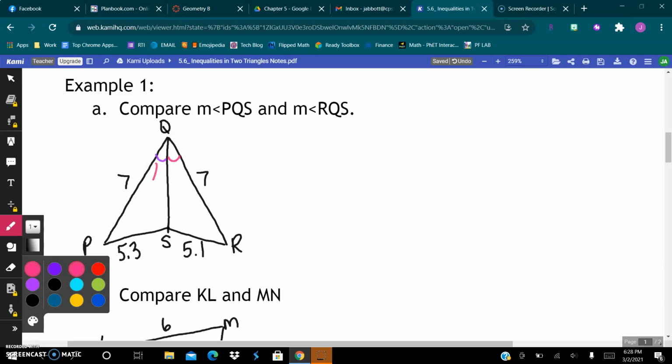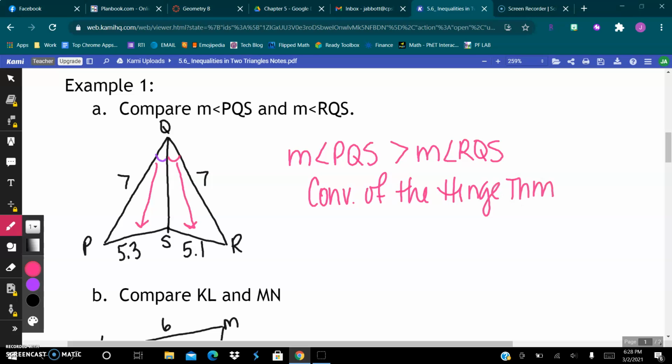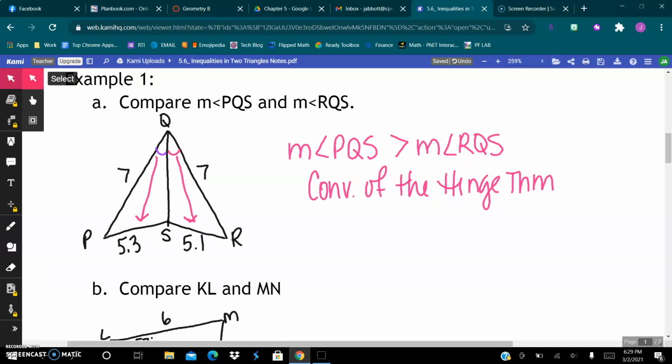So we go down here and look. 5.3 is larger than 5.1, so we can say that the measure of angle PQS is larger than the measure of angle RQS. That is by the converse of the Hinge theorem, because we knew the side lengths and we used the side lengths to determine the angles, so that's the opposite.